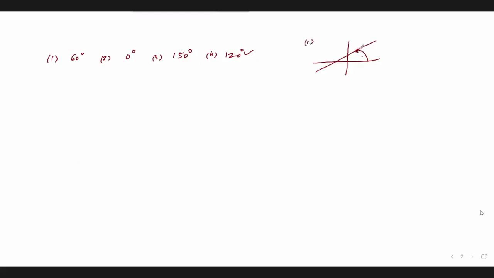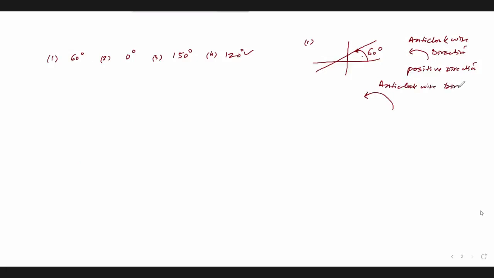The first one, if it is making an angle of 60 degree in an anti-clockwise direction, that means a positive direction. Anti-clockwise direction is also known as positive direction. So a new thing here is that if a question says it is making an angle in a positive direction, that means it is moving in an anti-clockwise direction.